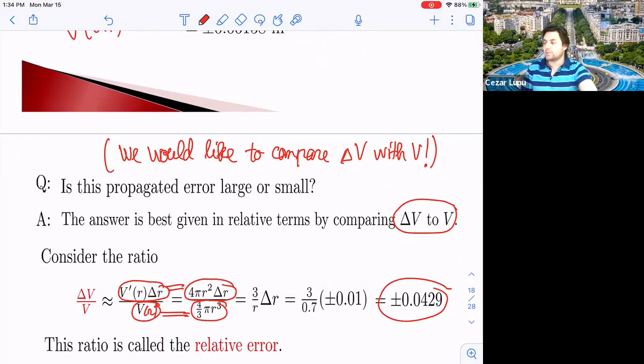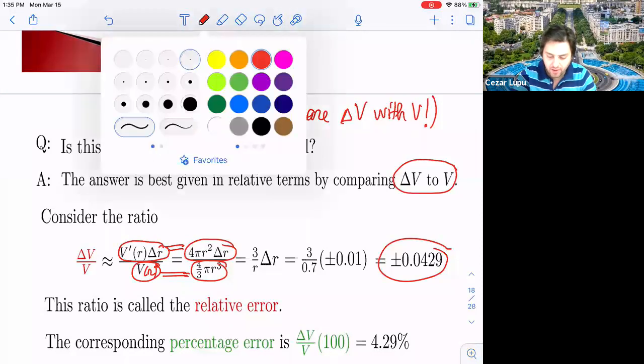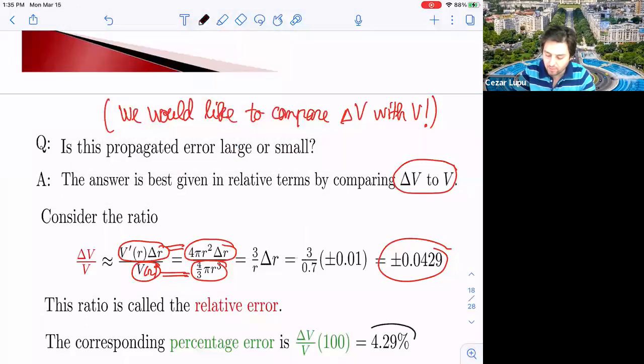And now we would like to see what is the corresponding percentage error. So the corresponding percentage error is this delta V over V, which is nothing else than just 4.29%, right?